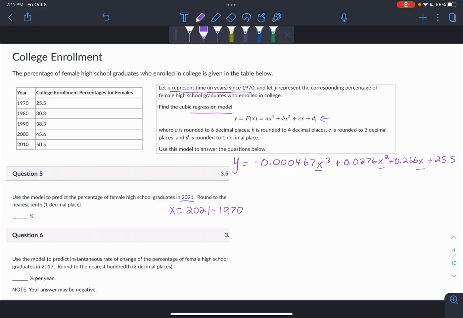And this would give me 51 years, right? There's 51 years between 1970 and 2021. So I want to find y, which is my model, when x is 51. So all I do is just plug it in.